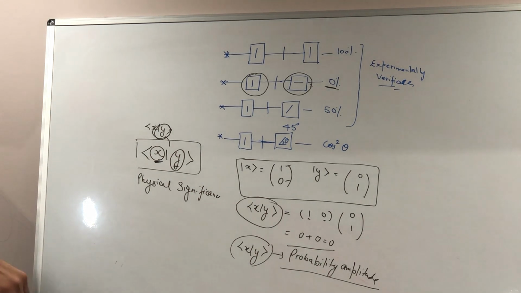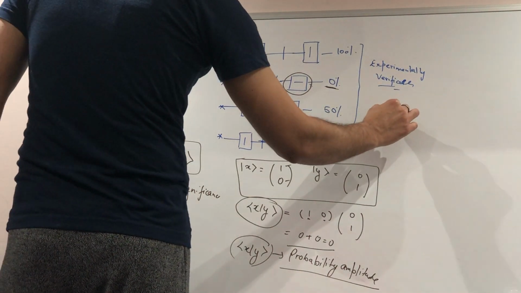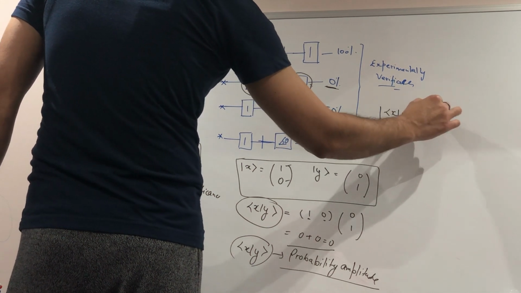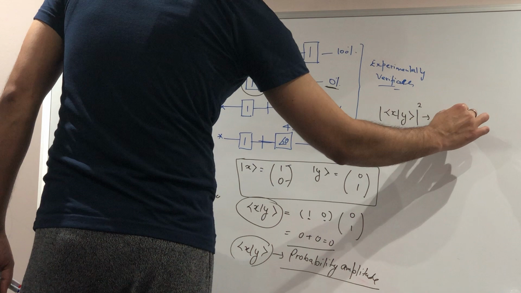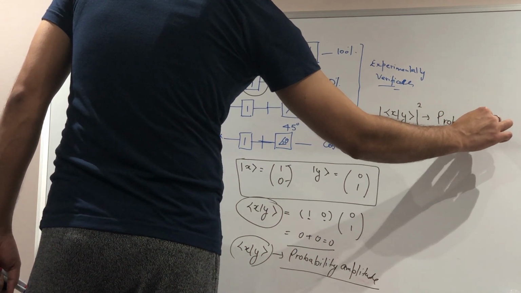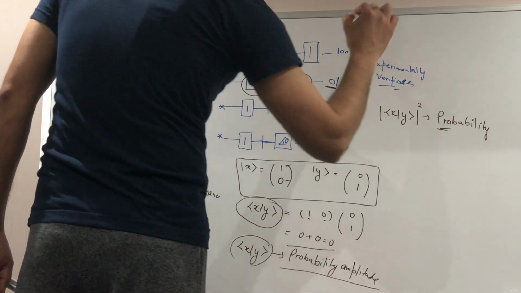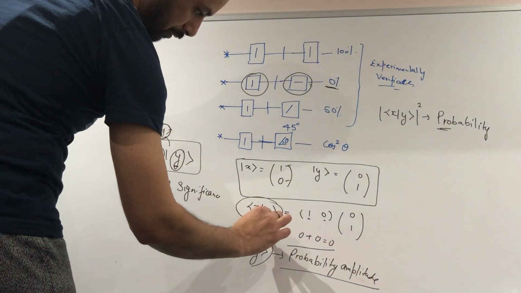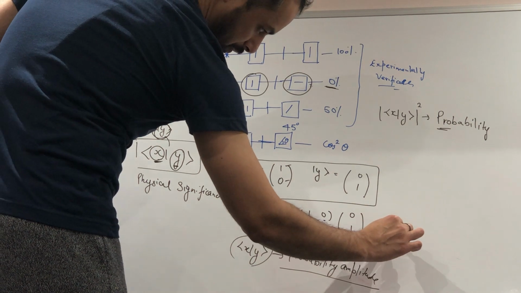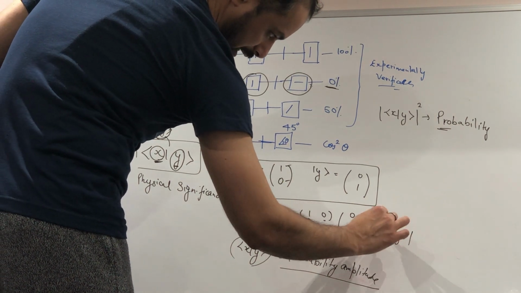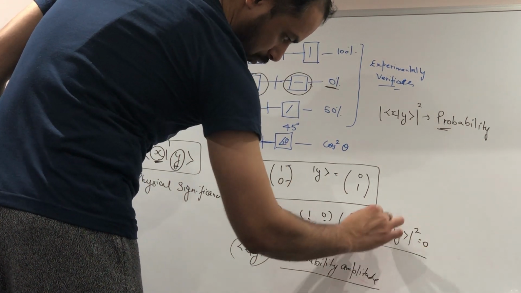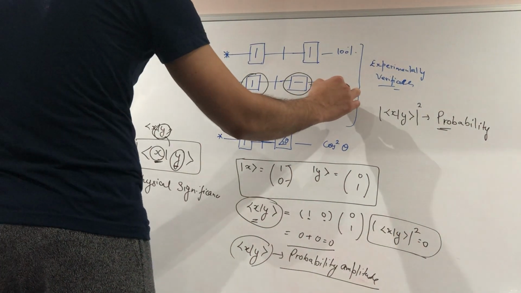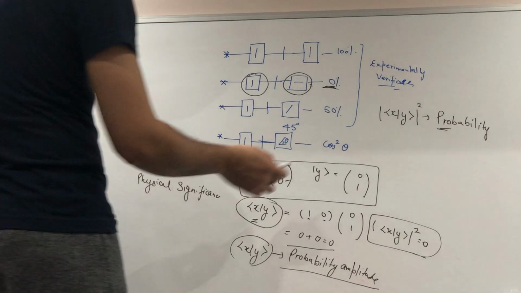And consequently, the term modulus of X, Y squared is known as the probability of getting the output. If you find the square of this term, you will get 0. So there is no probability of getting the output here. That's quite obvious, right? That's been experimentally proven as well.